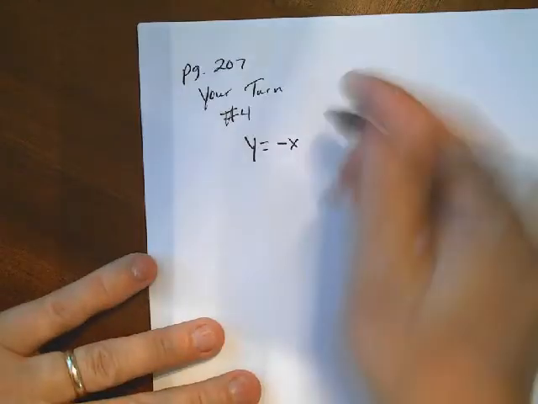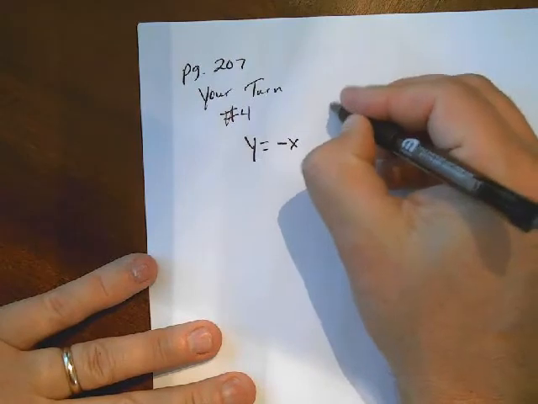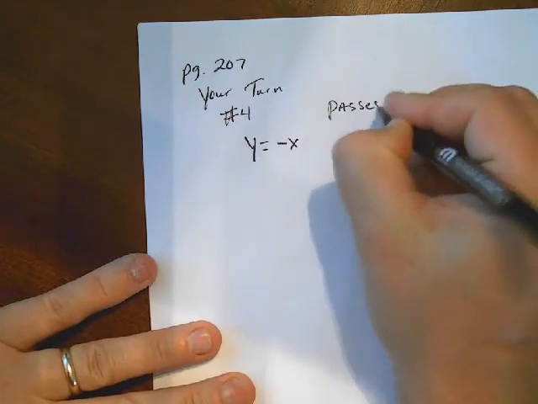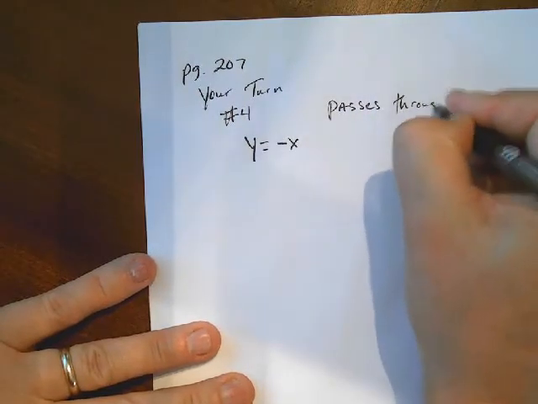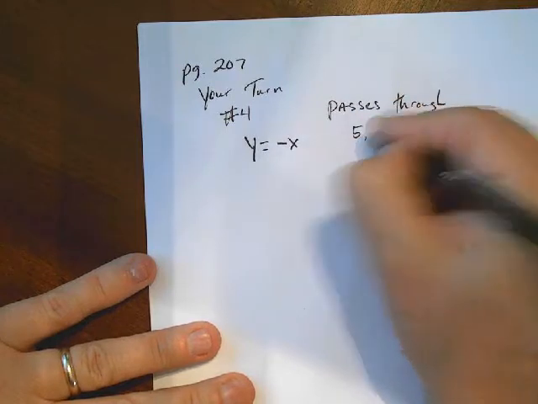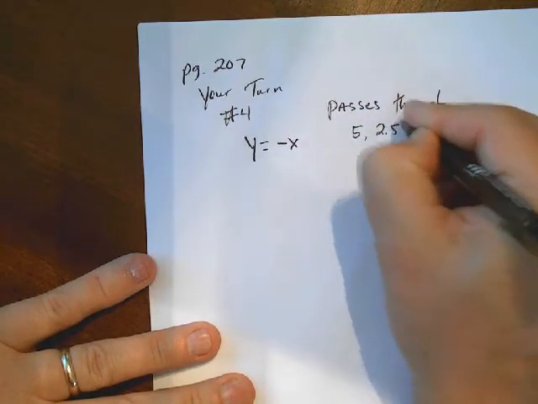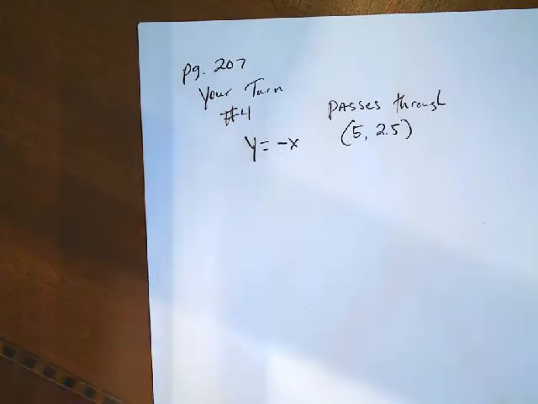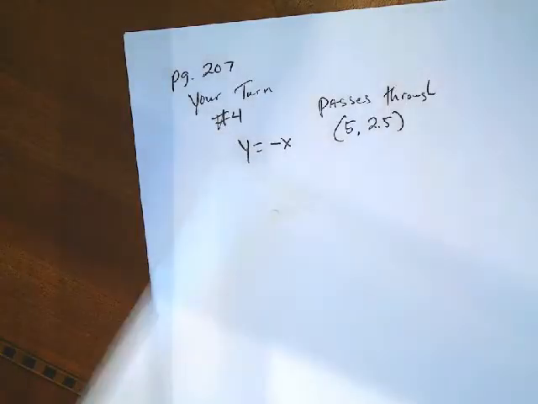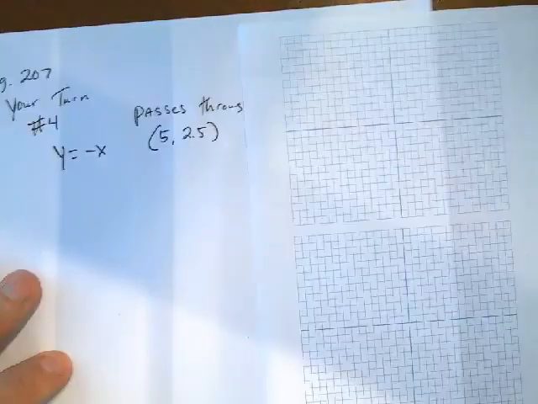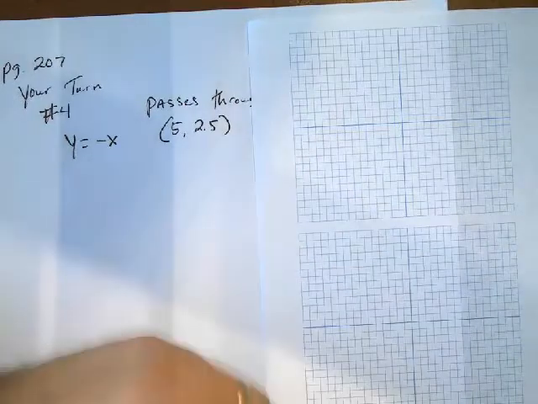So it's parallel to this line and passes through (5, 2.5). You don't need to do this, but I'm going to do it real quick just to help you see it a little bit. Let's look at a graph. If I've got y equals -x, we know what that line is.